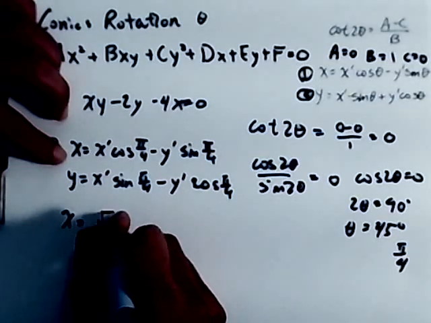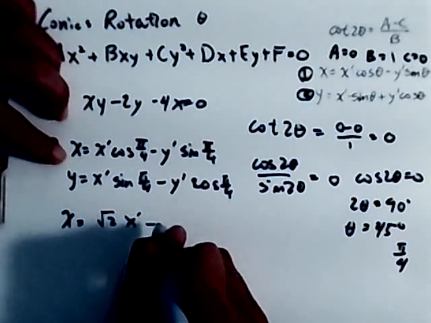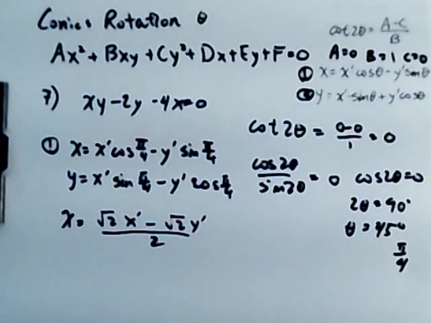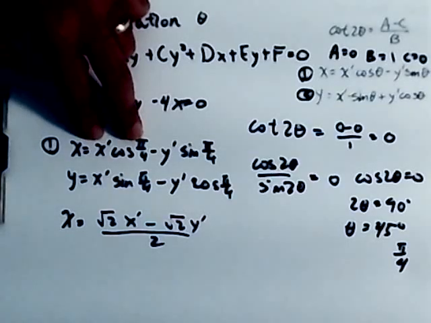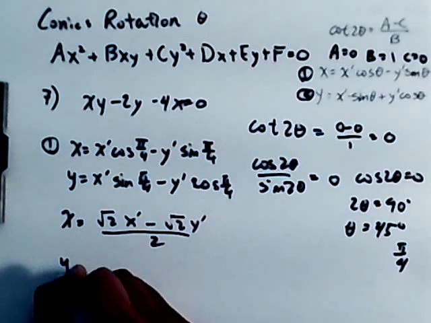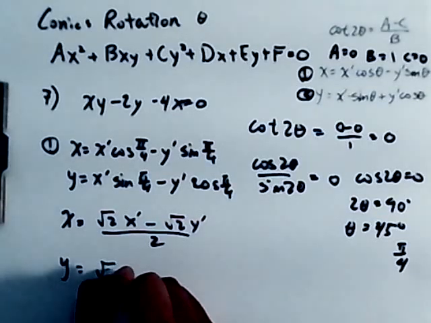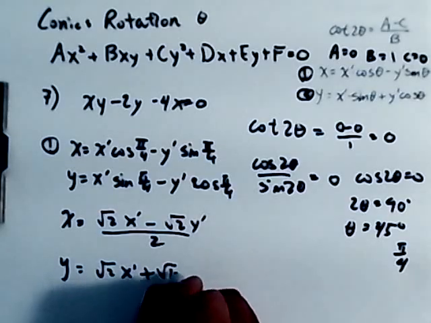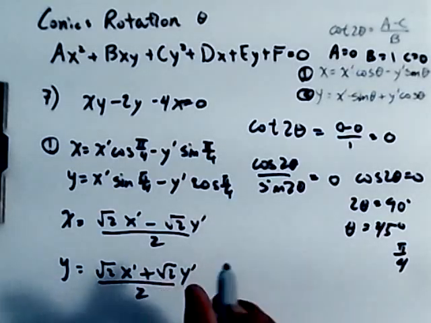So x is root 2 x prime minus root 2 y prime, all over 2. I put it as a single fraction. y is equal to, same thing, root 2 x prime plus root 2 y prime, all over 2.